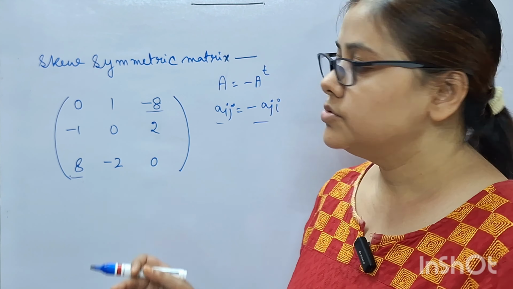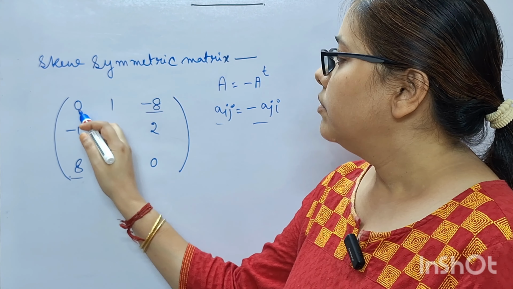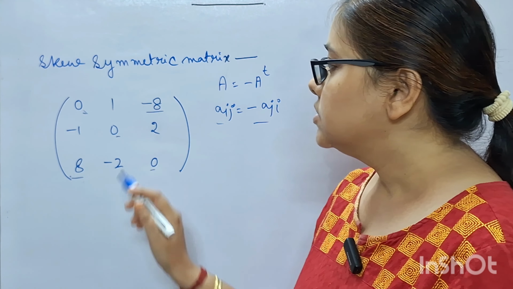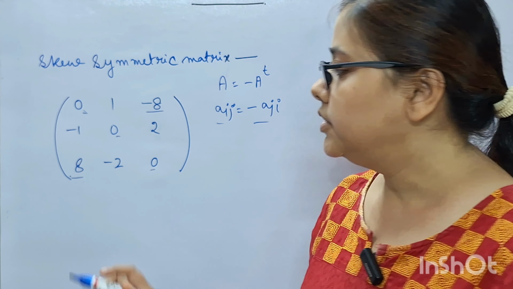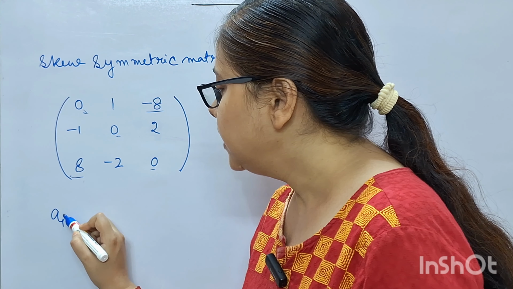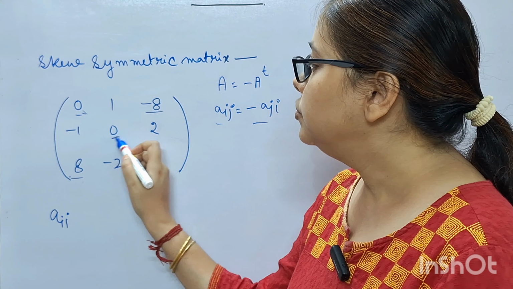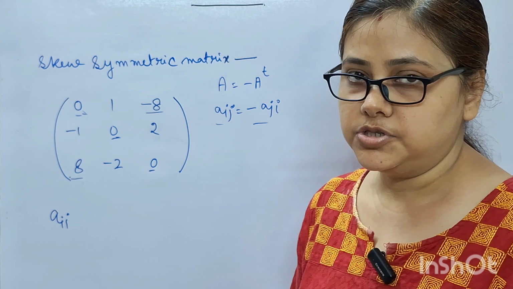But in the case of a skew symmetric matrix, the diagonal elements will be strictly 0, because the diagonal elements are denoted by Aii, that is the 1, 1 position, 2, 2 position and 3, 3 position.